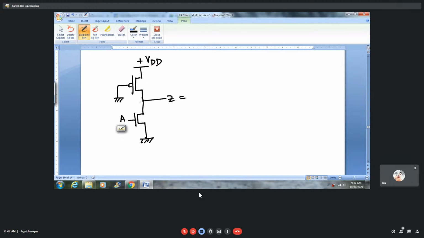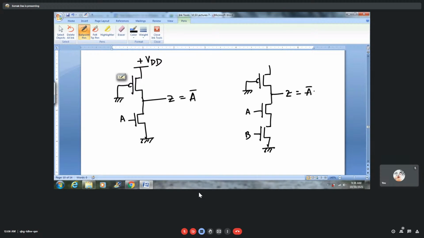So what is this? What is this circuit, student? This is a pseudo NMOS NOT gate. Similarly, this is a pseudo NMOS NAND gate.